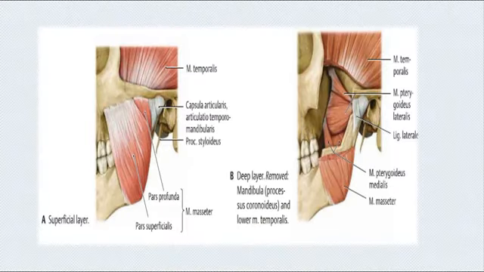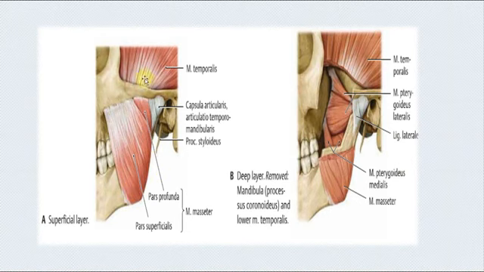The last slide, we have all of these muscles. We see the superficial layer, we have the masseter, the most superficial of these four muscles. This is a really wide and broad muscle.